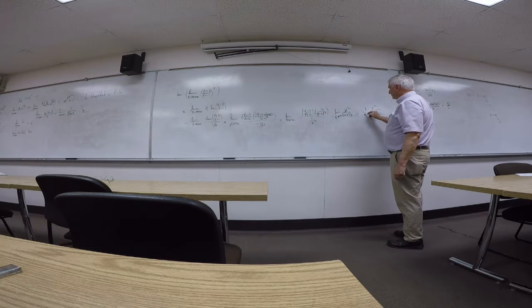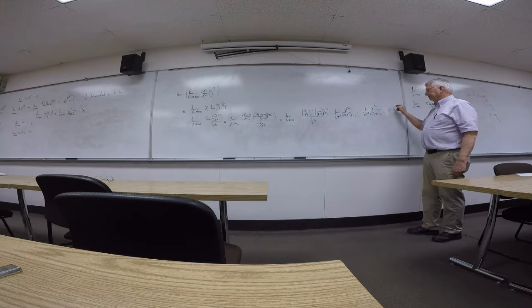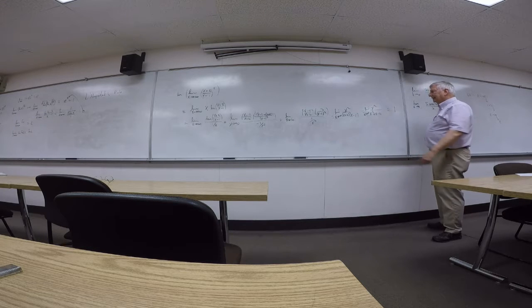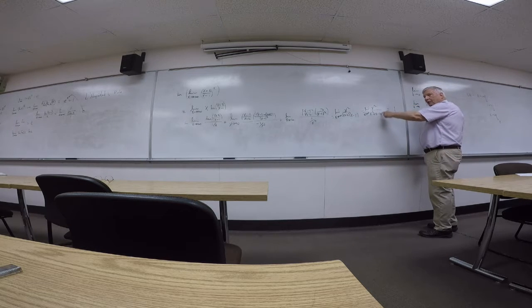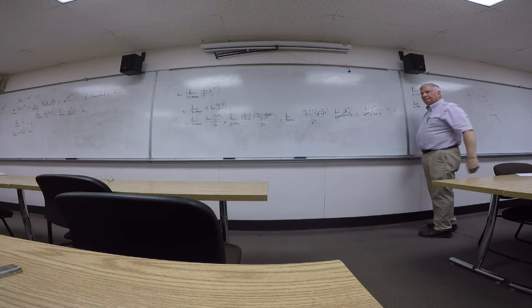Limit as x increases without bound. I know this because this is a polynomial over a polynomial. If the degrees are the same, the limit is the ratio of the leading coefficients.